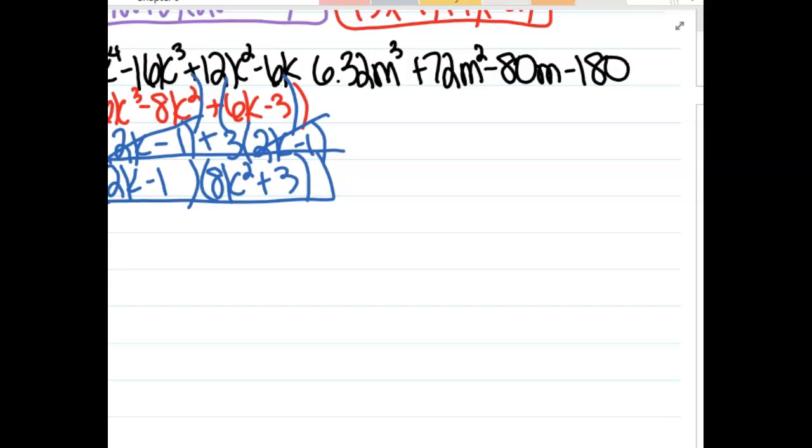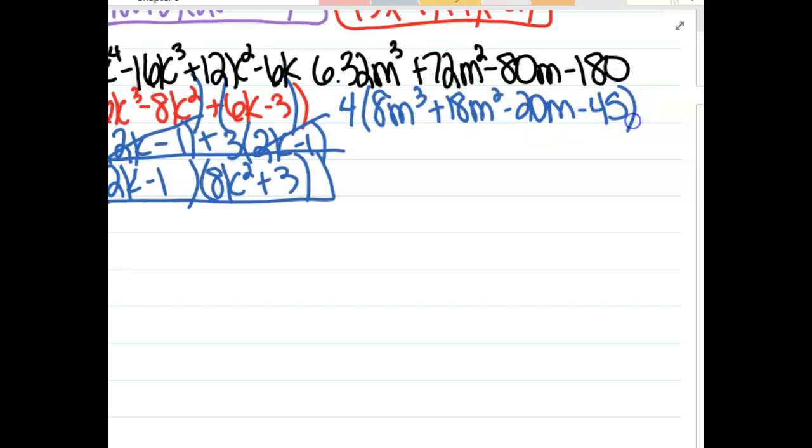They all have a 4 in common. Do they have anything else other than a 4 in common? No, because that one doesn't have an m. So just a 4. So when I factor out a 4, we get 8m cubed plus 18m squared minus 20m minus 45.